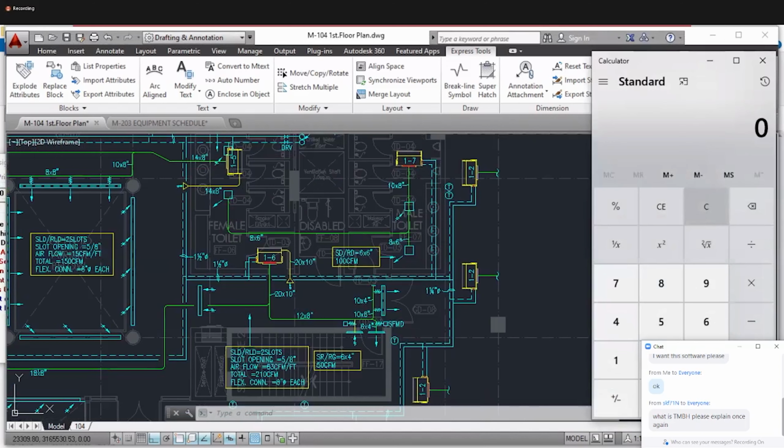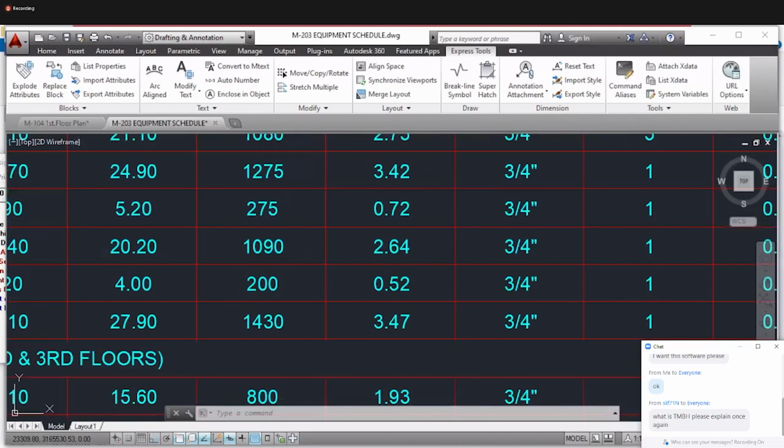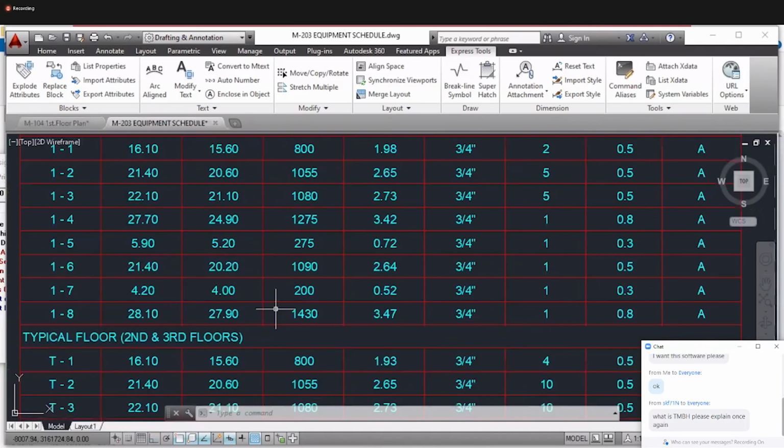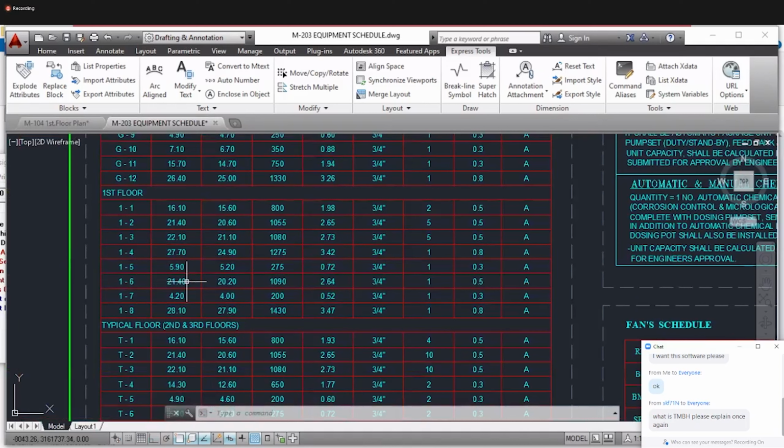So 2.675 into 5 quantity, as we know here, this one, quantity 5. So into 5, what do we get?